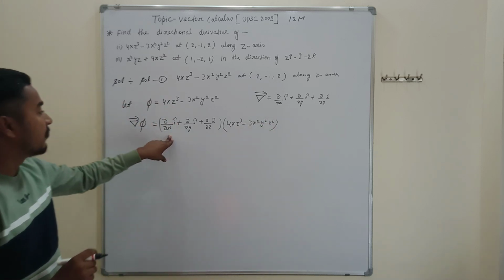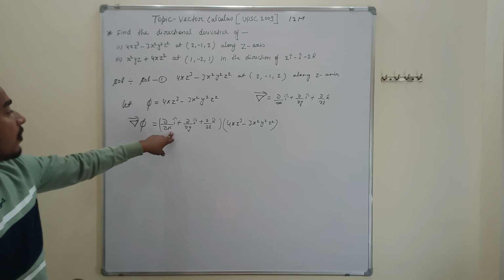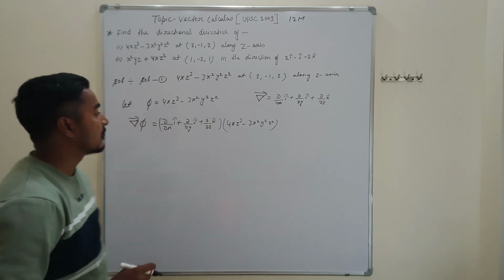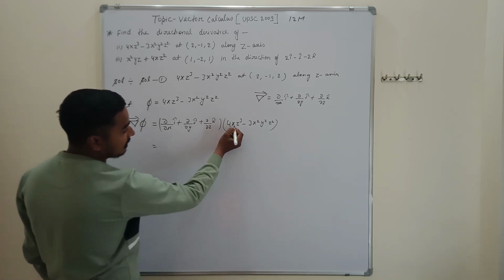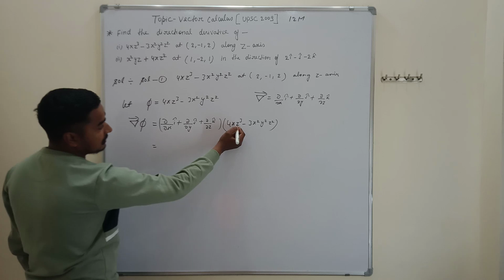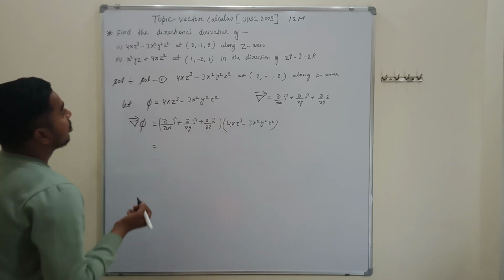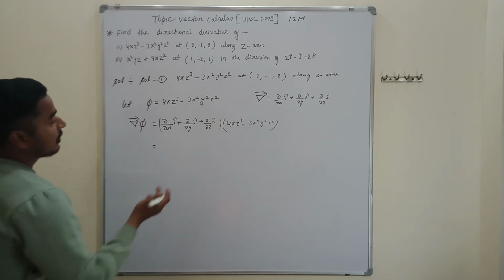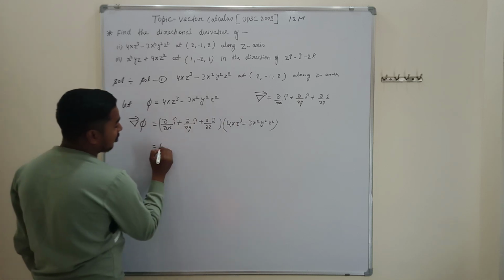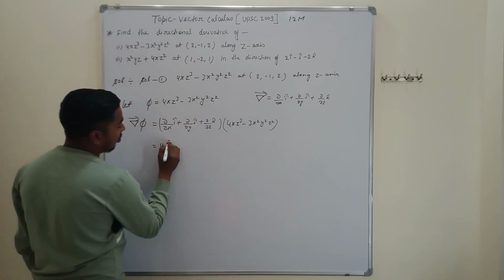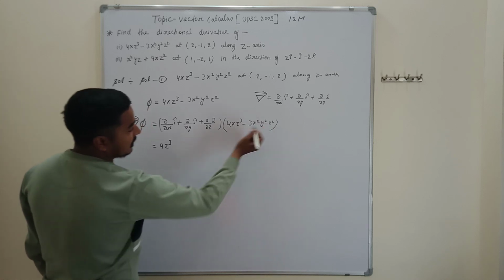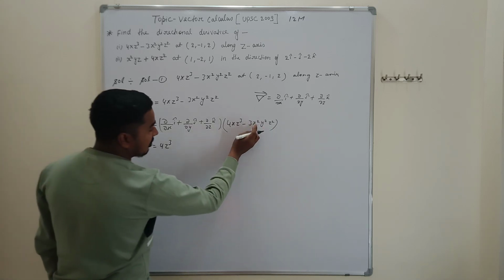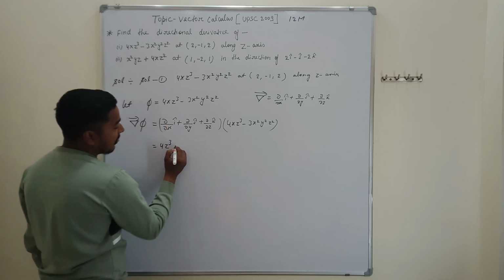First we differentiate the given function with respect to x. Taking z³ constant, 4xz³ differentiates to 4z³. Here y² and z² are constant, and x² differentiates to 2x.